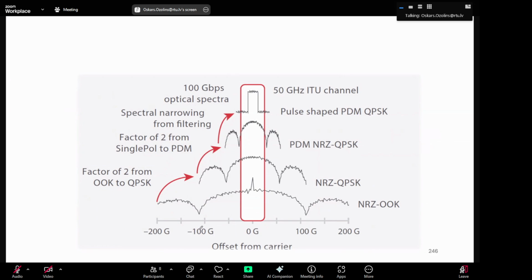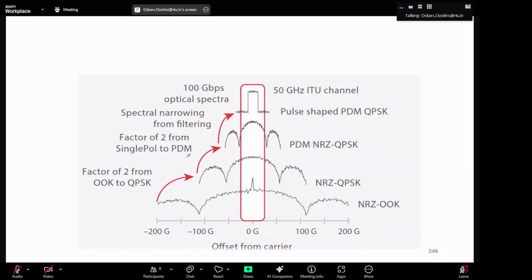So here is like 100 gigabits of data if you use non-return to zero on-off keying. So you get the first zero around 100 gigahertz. Then if you go to QPSK, you narrow the spectrum by a factor of 2 because now you have I and Q. So you can use 50 gigahertz.